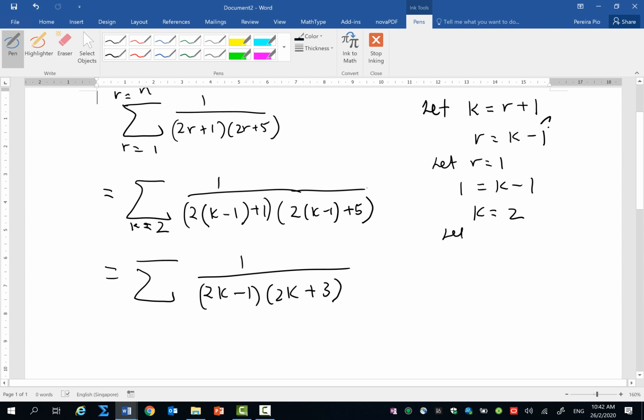If r equals n, n equals k minus 1, so k must equal n plus 1. So I know, therefore, that k goes from 2 to n plus 1. And then I just put in the necessary limits.